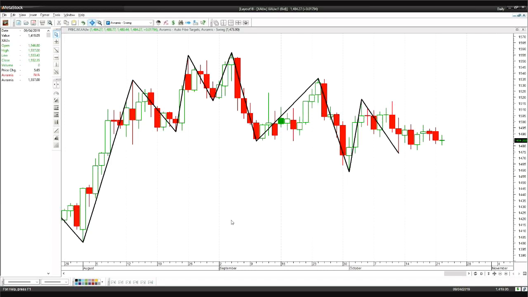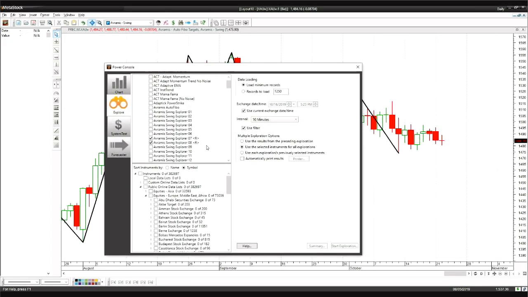Now, the good thing about this tool, it's not only identifying the tops and the bottoms, but we can also scan the market. So here you can go to the Explorer, to the scanner feature, and then I'm going to check here. I'm going to search for pattern number 7, which is a bearish reversal, and pattern number 8, which is a bullish setup.